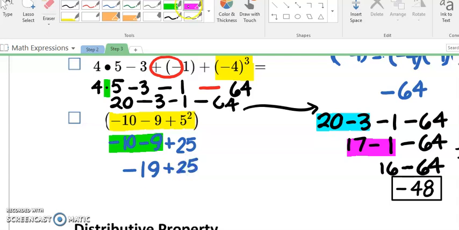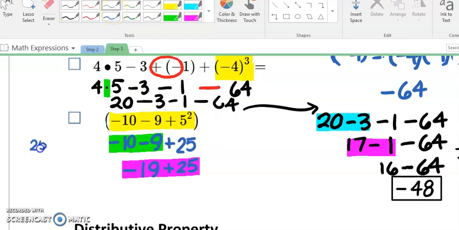Again, what we have here are two numbers with opposite signs. Different signs means find the difference, subtract them. And subtract them in the only way we can. We can only do 25 take away 19. We can't do 19 take away 25 because we wouldn't have enough. You can't take 25 things away if you only have 19 to start with.